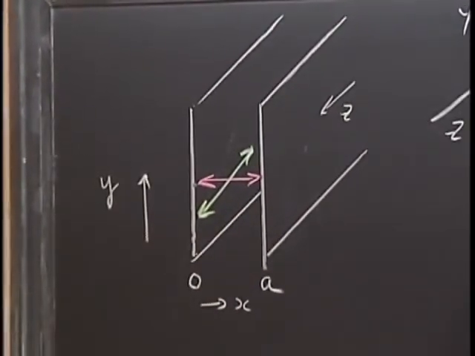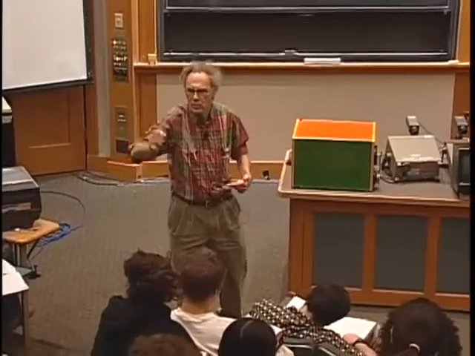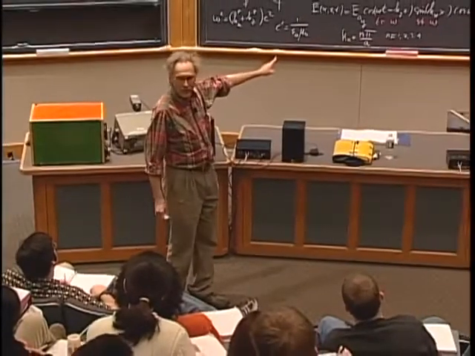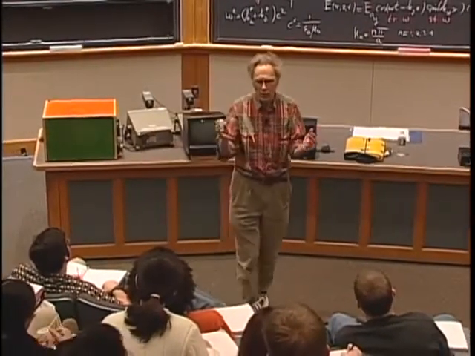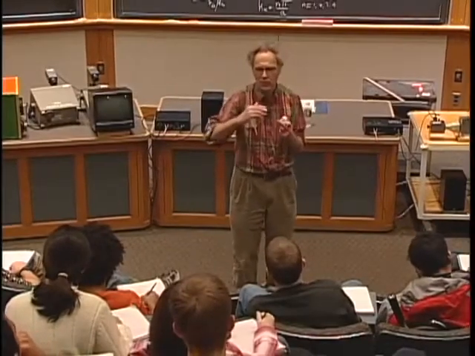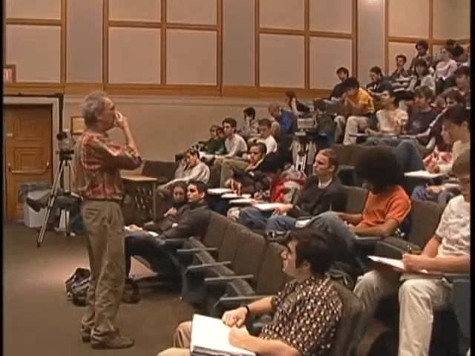The component in the x direction will go straight through with the speed of light, and the component in the y direction has to suffer like this. And so they completely decouple. So the x direction is non-dispersive, group velocity is c, phase velocity is c, and it is the component in the y direction that decouples, and that can go so slowly that it can even have a group velocity of 0.